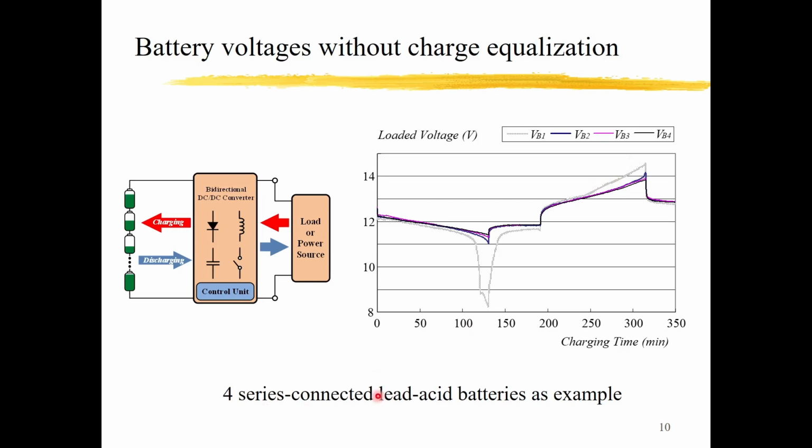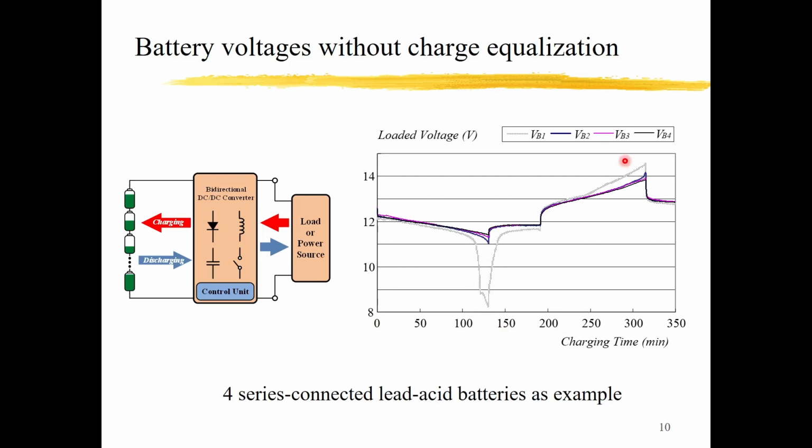But this is a lead acid battery, so overcharge or over discharge will not result in any dangerous hazard. If this were a lithium-ion battery, the over discharge would damage your battery, and the overcharge may cause explosion. So this is different.